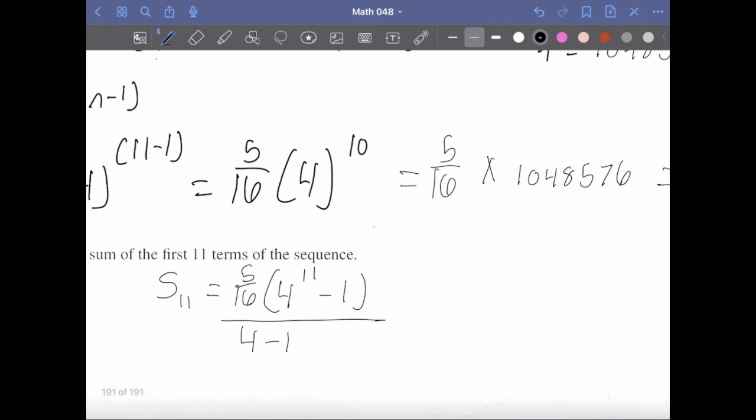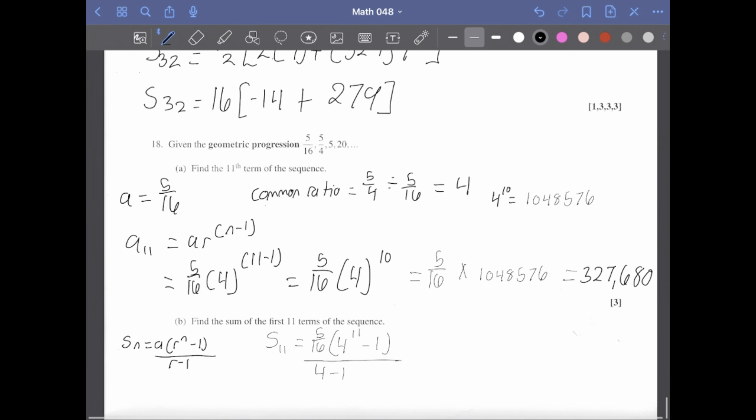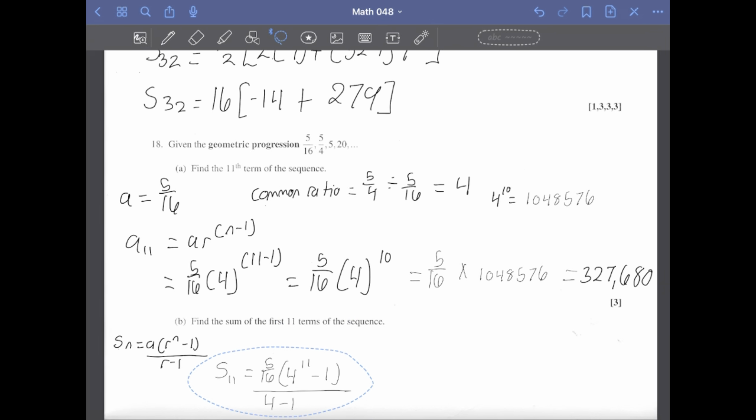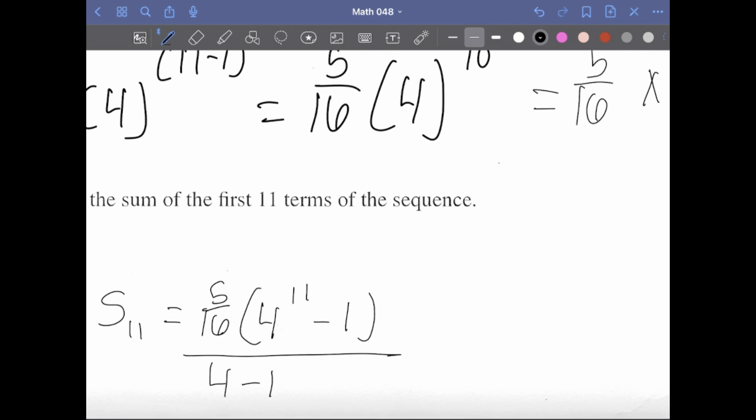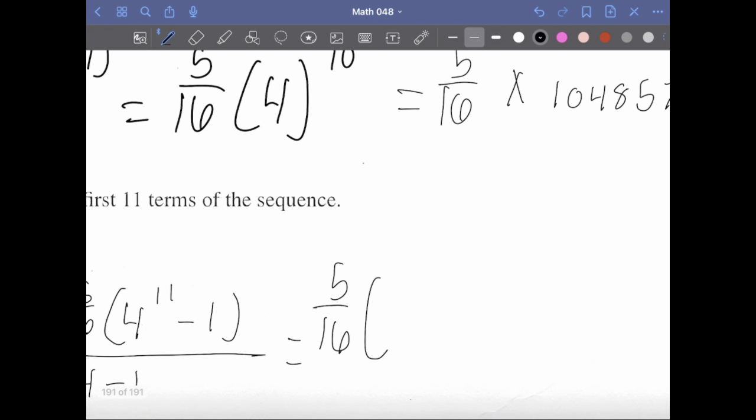Okay, so we definitely need more space. Okay, so 4 to the power of 11 is this, 5 over 16. 4 to the power of 11 is 4,194,304.